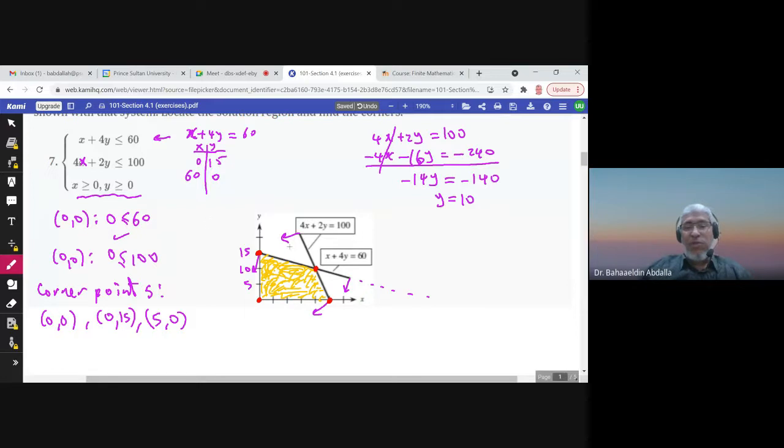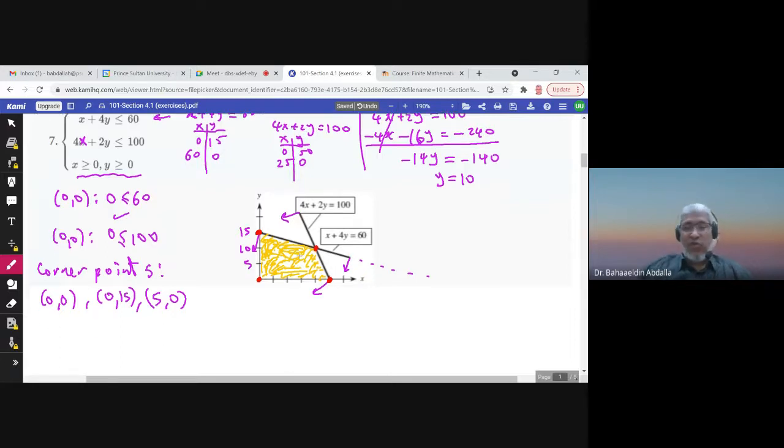Okay, so let me graph the other line, which is 4x plus 2y equals 100. If x is 0, y is 50. So this goes up to 50. And if y is 0, x is 25. 4x equals 100. 100 over 4 is 25.